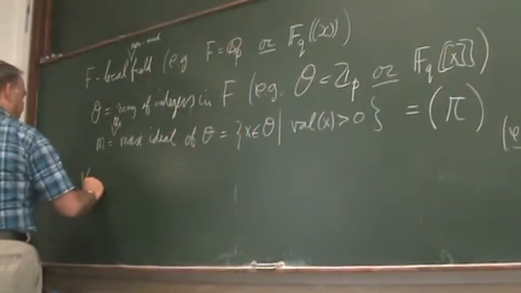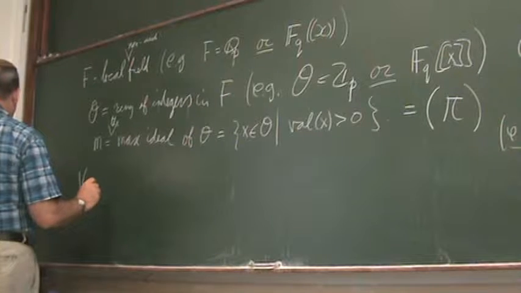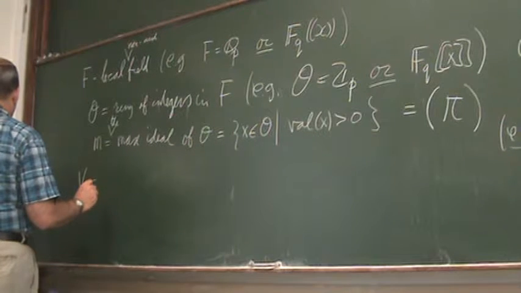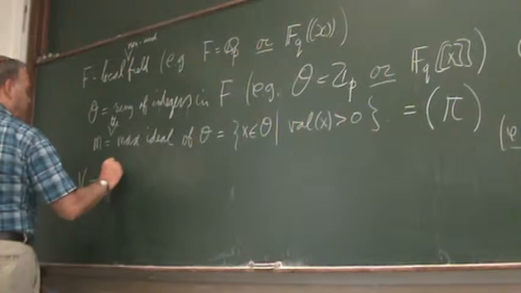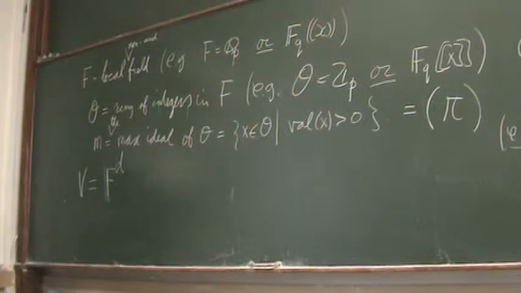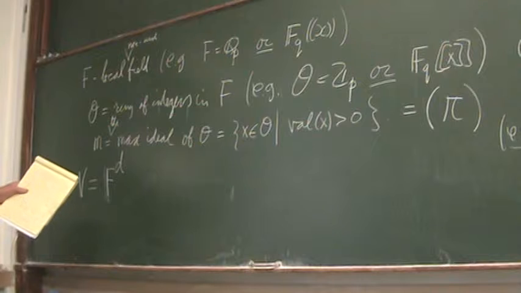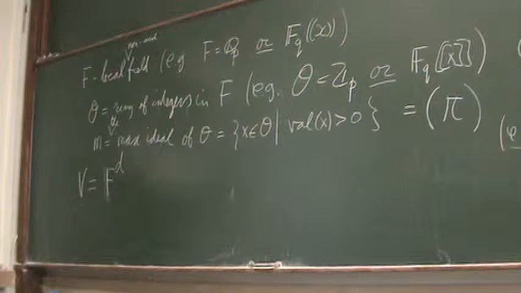Now let V be the vector space F to the d. You use d or you use n? I used d. d, okay.